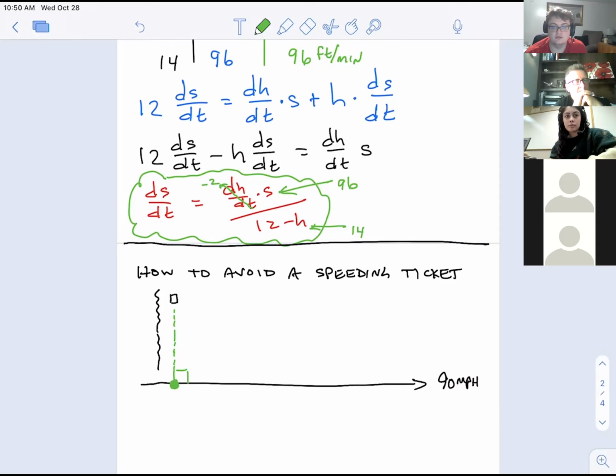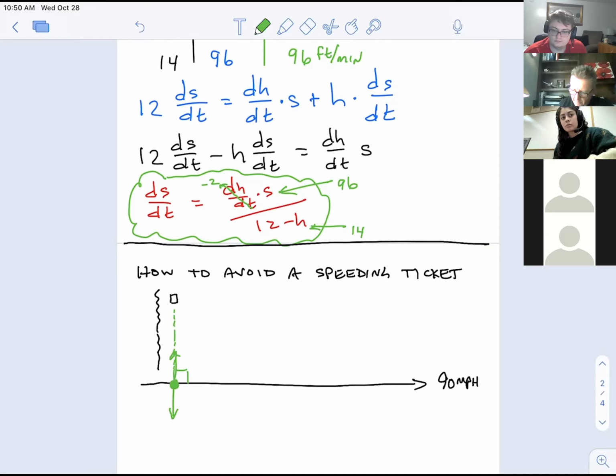So you need 0 for the starting measurement, and then as you move, it'll increase the speed it shows. What the gun is measuring is how fast you're moving toward the cop or away from the cop. Are you moving in this direction, toward the cop, or this direction, away from the cop? No. He's going to read 0, but you're not going 0, you're going 90. So what's the deal with that?